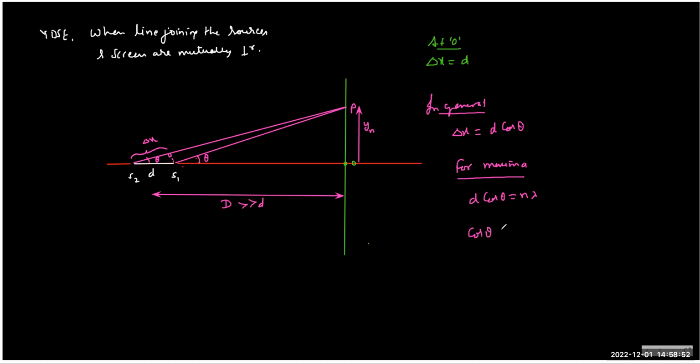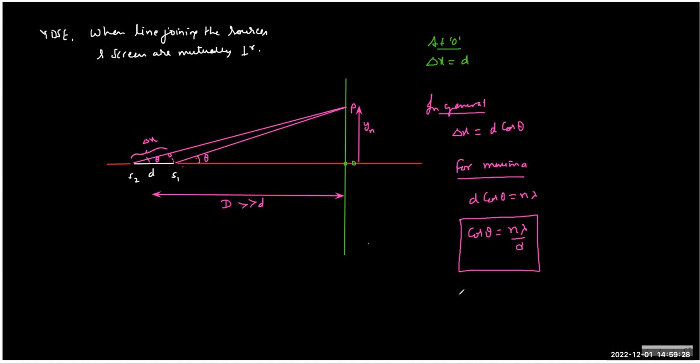Here you can solve that way also, but it is always good to write cos theta. And they generally give D in a way that you can solve, let's say if I give you D equals 2 lambda, something like this. So they will give you a question which you can solve using this relation. And if you want to write this in terms of yn, then how to write yn?